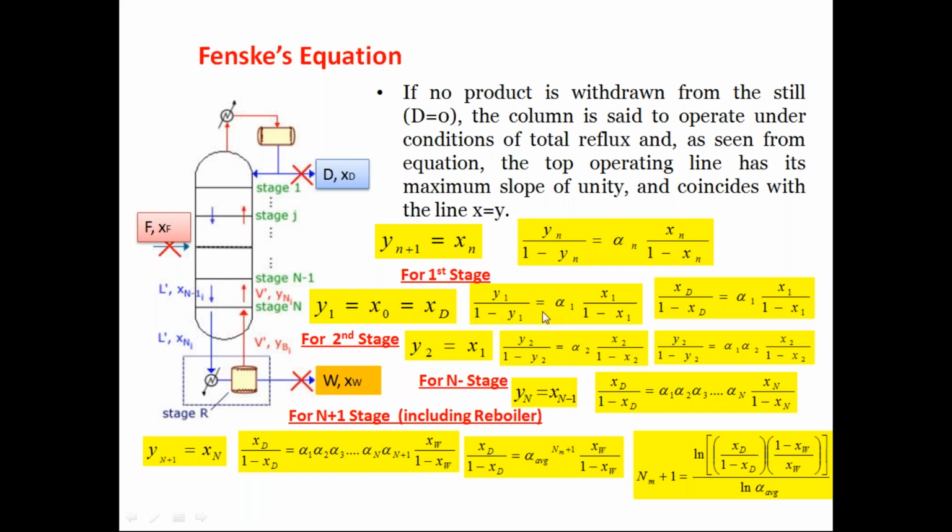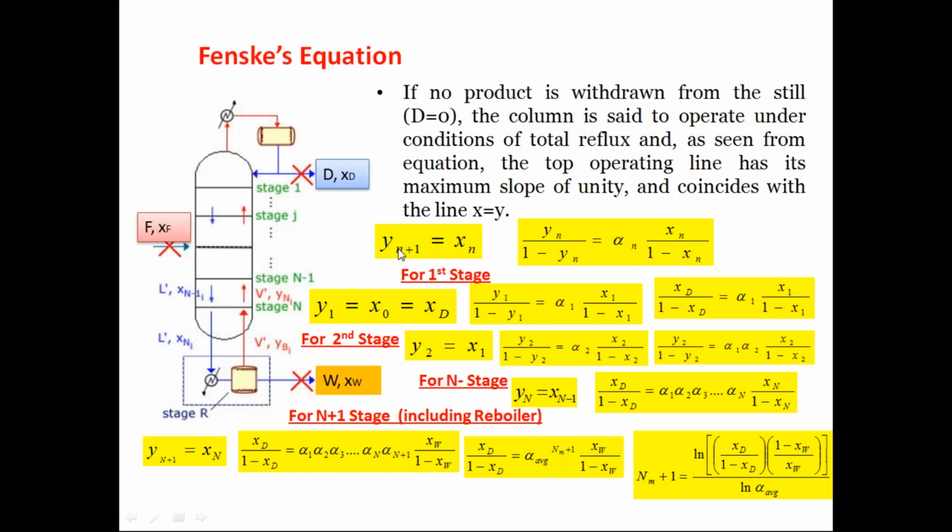Then if you simplify this one, you know that y1 is equal to x0, which is equal to xd. So you can write xd by 1 minus xd is equal to alpha 1 x1 by 1 minus x1. So you will get this equation, and coming down over stage 2, you have y2 is equal to x1.